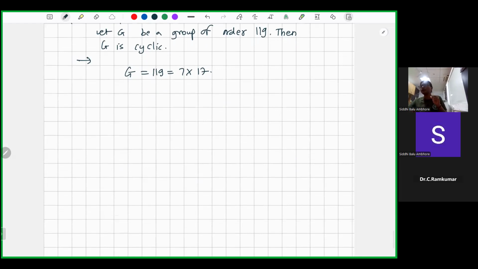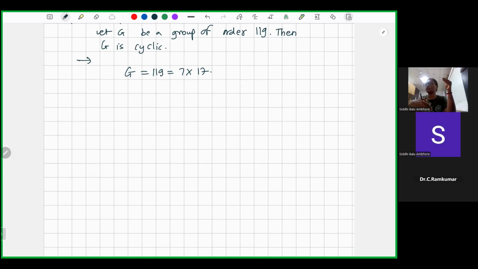What we can do is follow a similar argument to what we did for 15, and arrive at the conclusion. Let us see what we can do here.